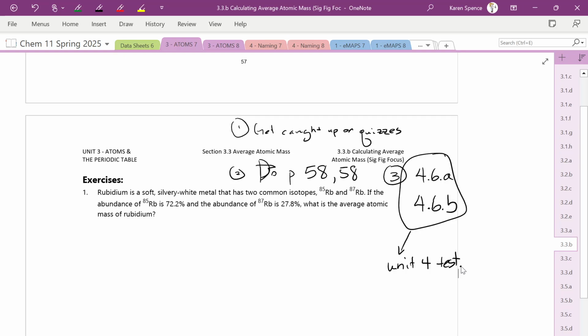Kusei. Ayush. Those are the quizzes you're missing, 1A and 9 to 11.